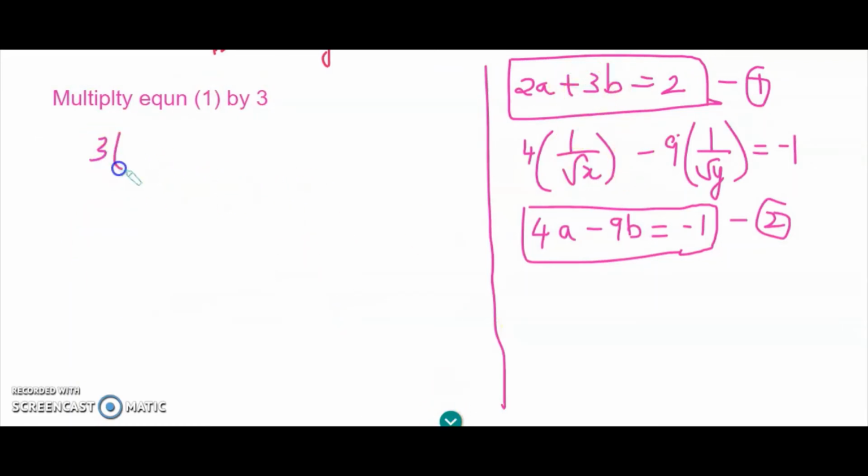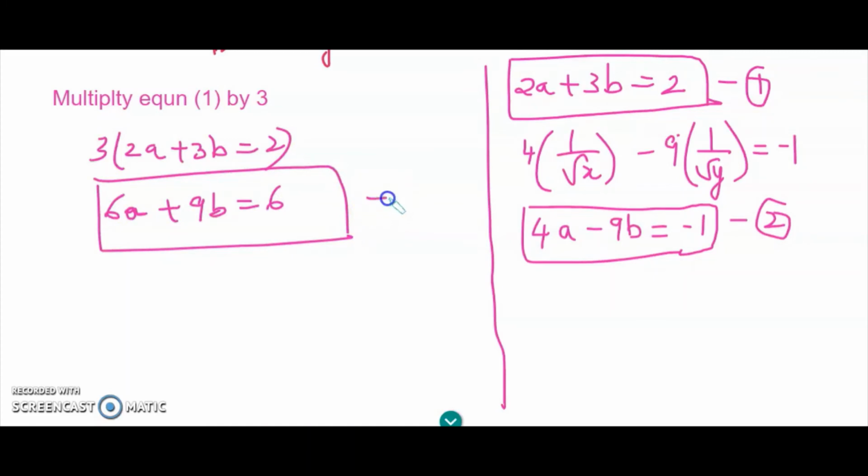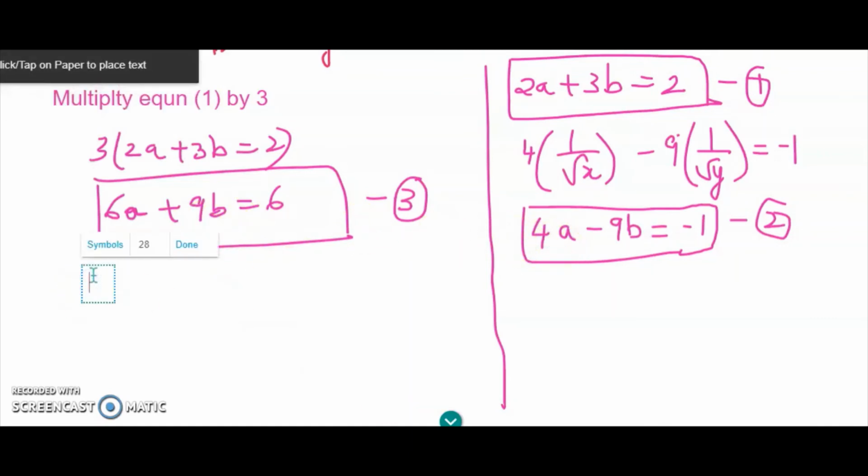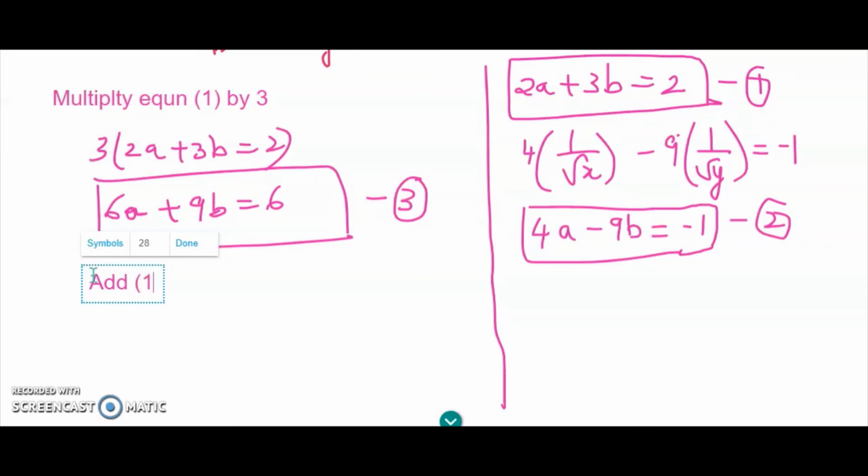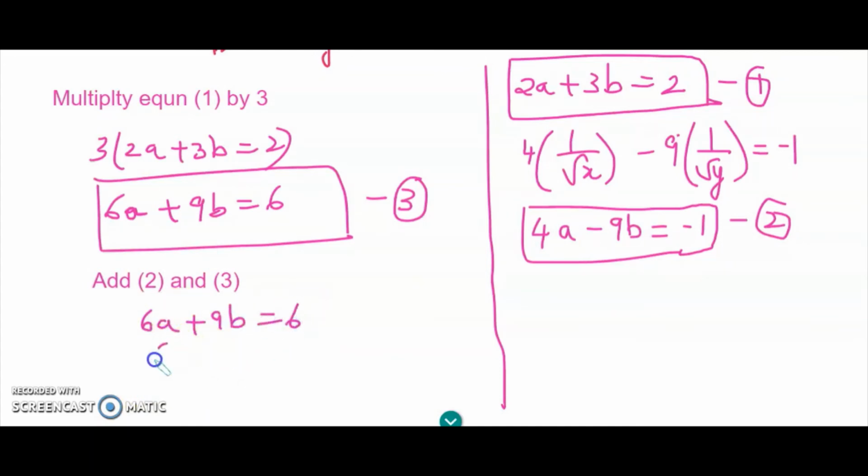So I'll get 3 times 2a plus 3b equals 2, which gives us 6a plus 9b equals 6. That's my equation 3. Correct? Now 9b and 9b, this is plus, this is minus. So I should add, right? Add 2 and 3.